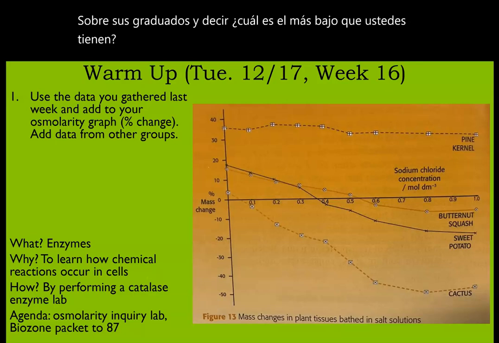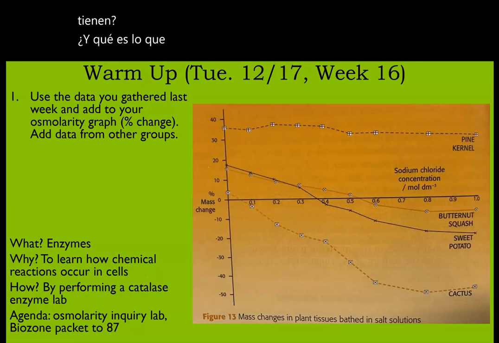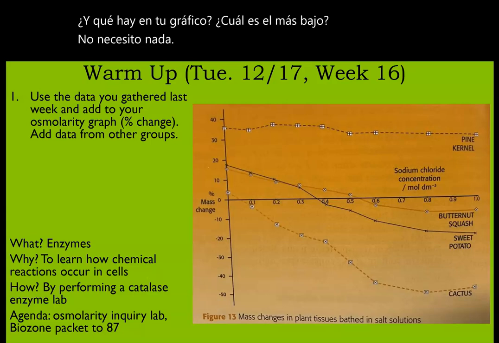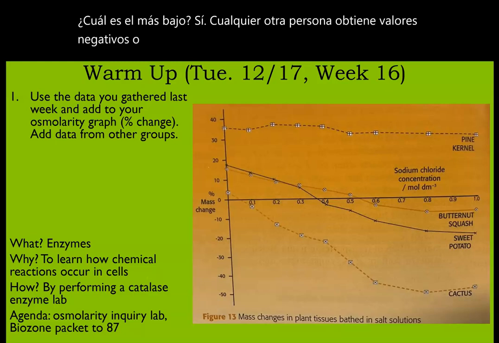Graph, what's the lowest? What's the lowest? Yeah, anybody else get negative or positive values greater than the values you have on your y-axis?